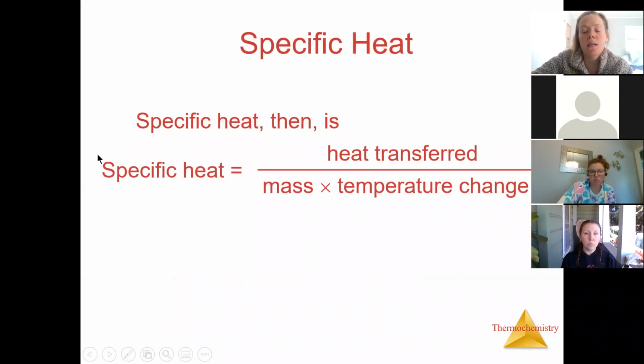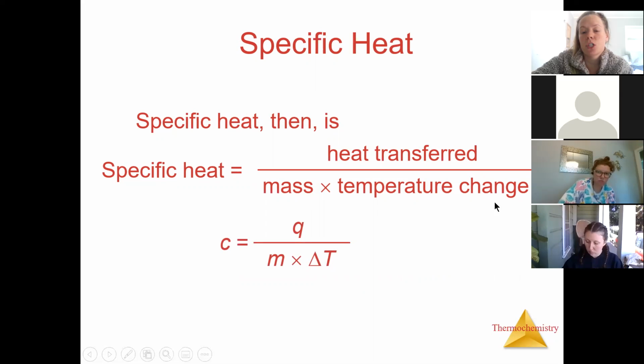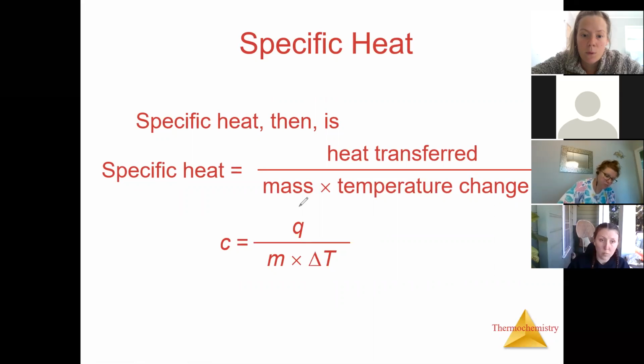So specific heat is equal to the heat transferred divided by its mass times its change in temperature. And this isn't usually how we see it written. If you've taken chem recently, you may see it written with these two variables put in different places.